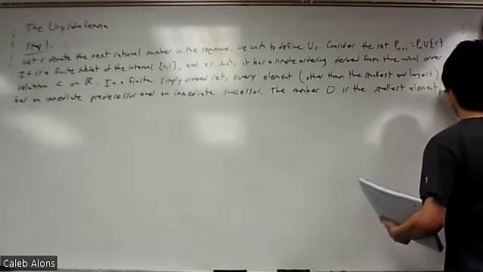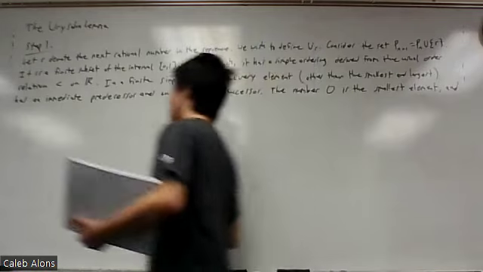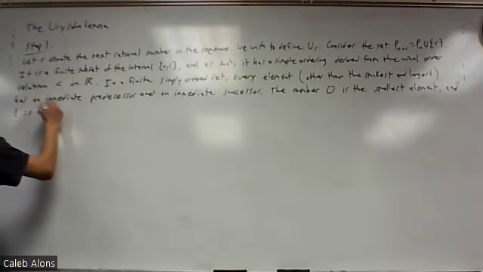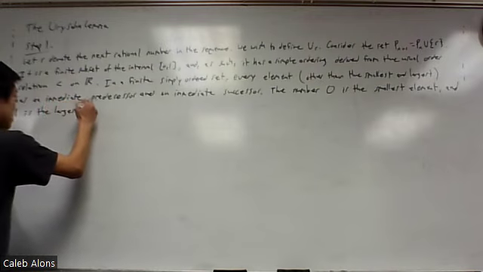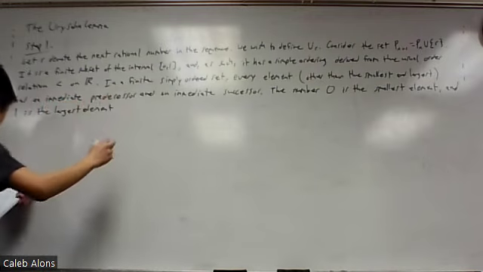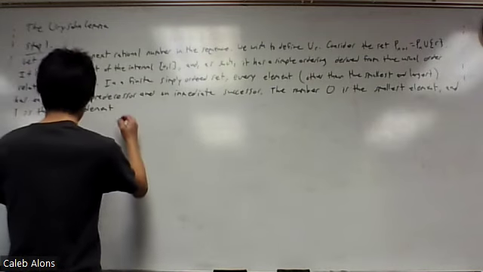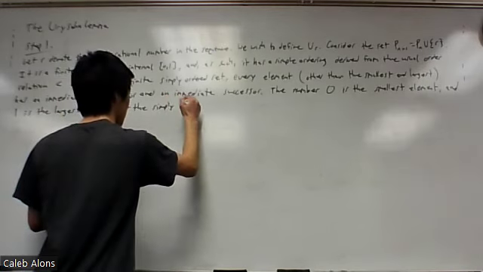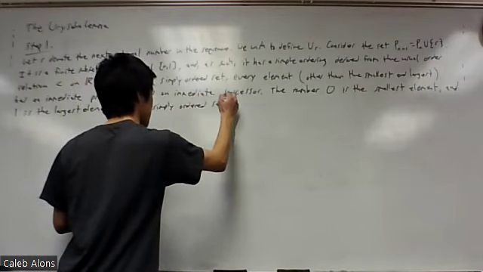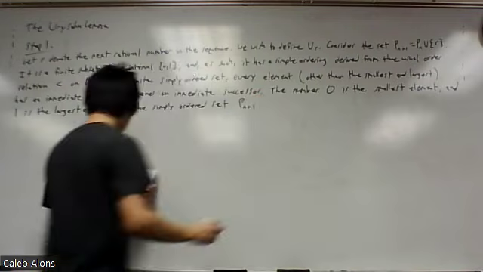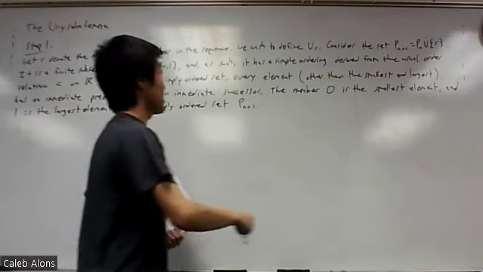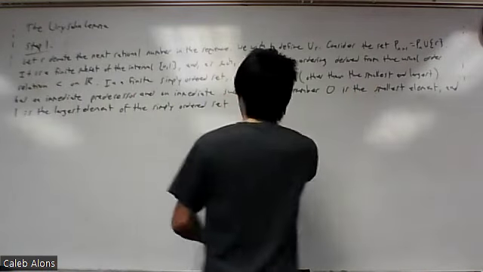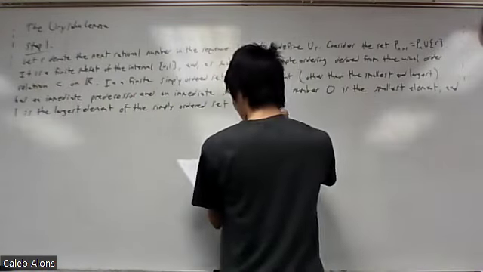And 1 takes care of the largest. 1 is the largest element of the simply ordered set P sub n plus 1. And so that's kind of nice by construction because that's guaranteeing that R can't be the smallest or largest. So it will have its immediate predecessor and successor.